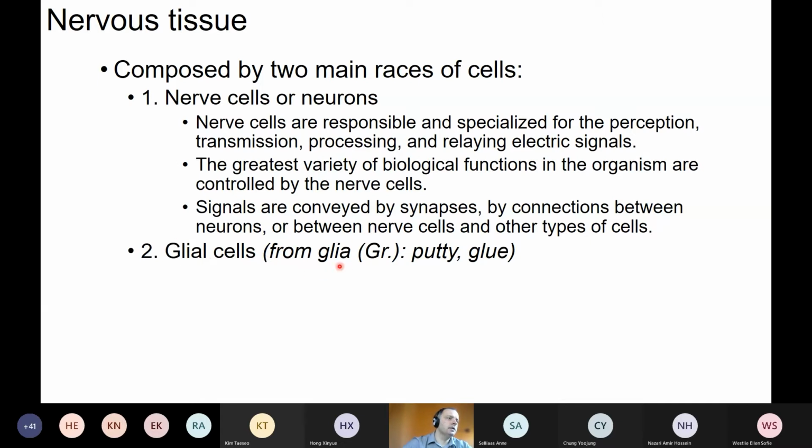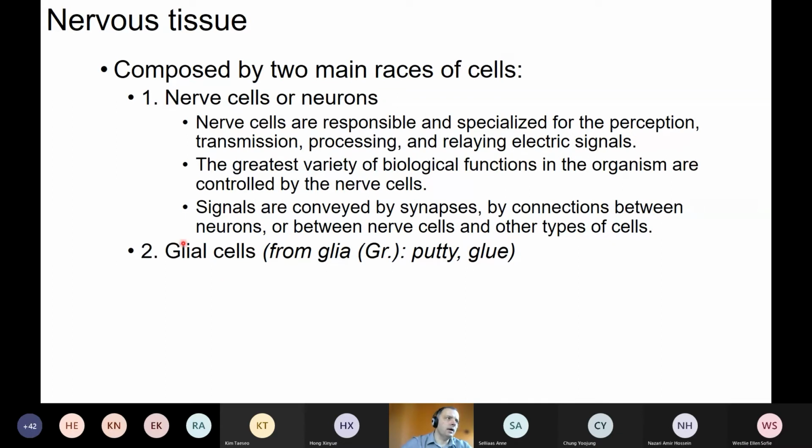The glial cells receive their name from the original idea that they would just fill the space between the neurons. People knew already in the early era of neuroscience that the neurons should have the main function. But now we know that without glial cells, the neurons couldn't perform their action.